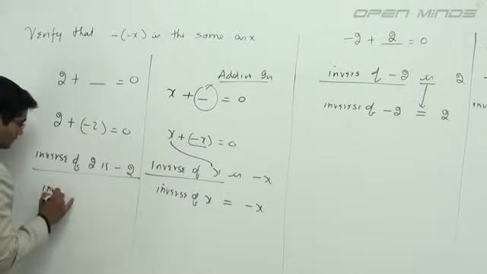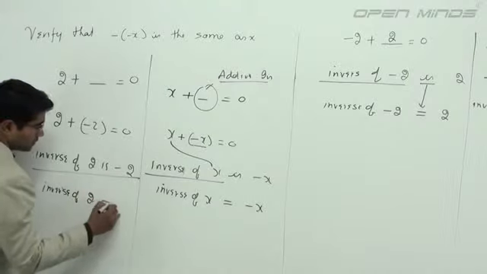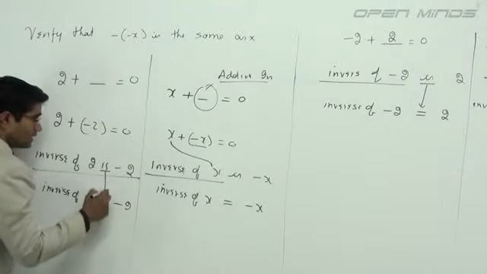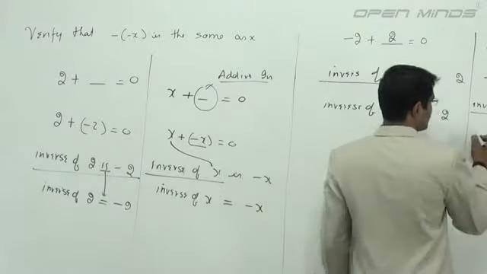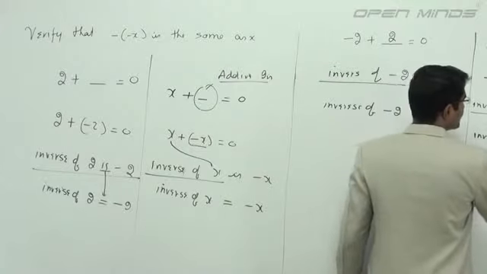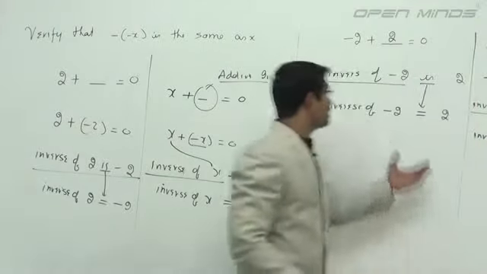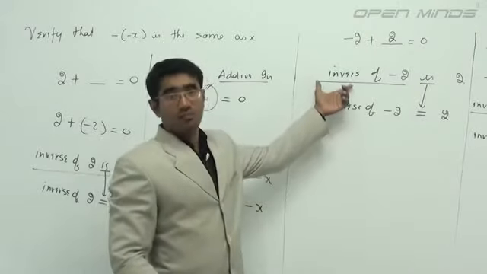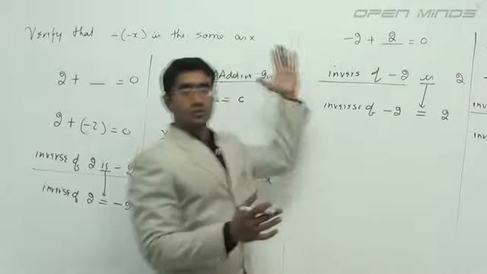Inverse of 2 is minus 2. I'm just writing "is" as equal to. That's it. Here in this case, again, inverse of minus x, I can write equals x. I'm just converting this statement in English into mathematics and see how we can prove this property.